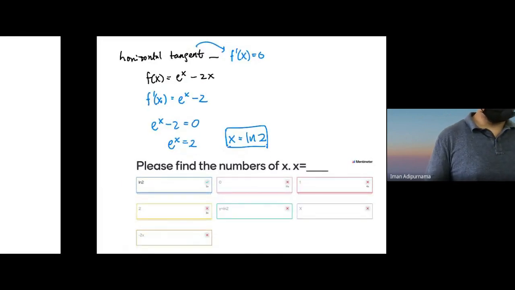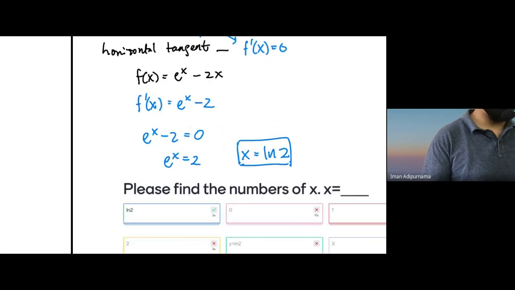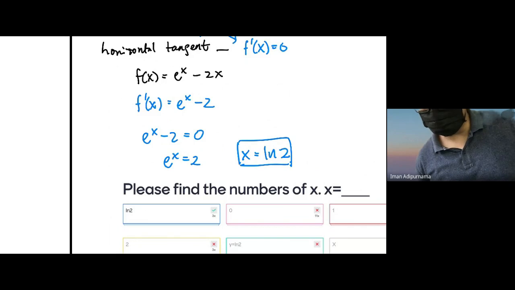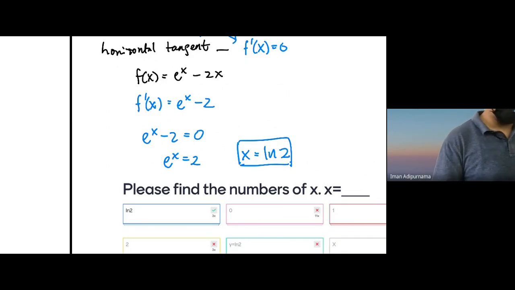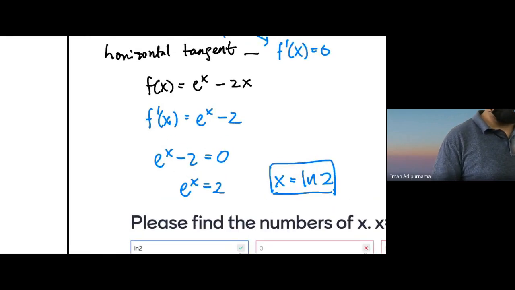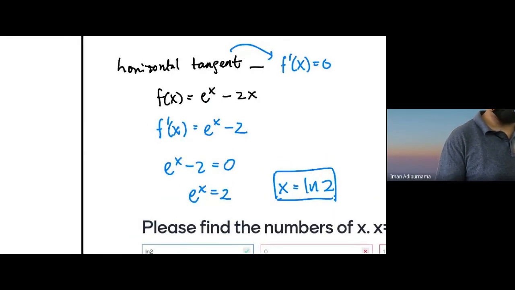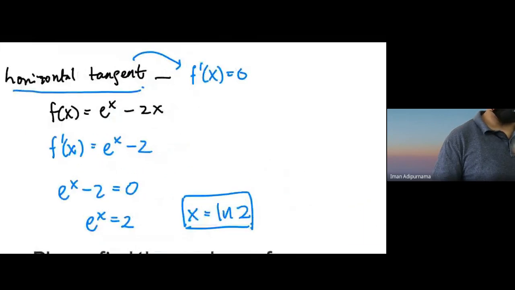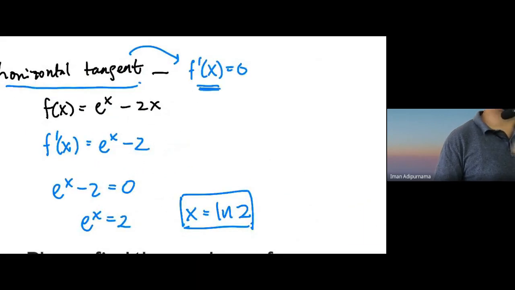Next question is about the horizontal tangent, and the function involves e to the x. Horizontal tangent means that the first derivative, or the slope, is 0, right?